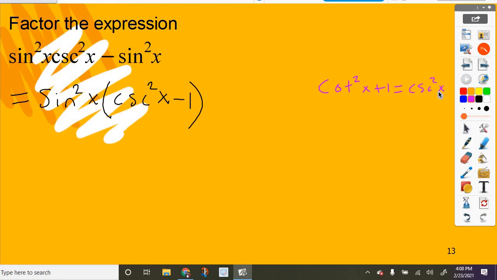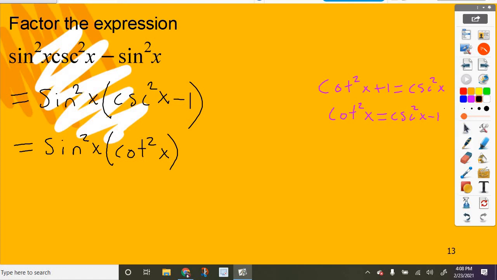So notice that if I move my 1 over using subtraction, now we have what we have in our parentheses. So I'm going to substitute that in for my parentheses. So I get cotangent squared of x, which in and of itself is pretty simplified.